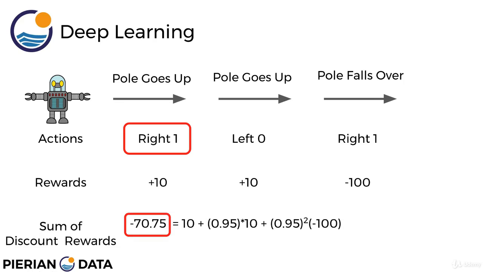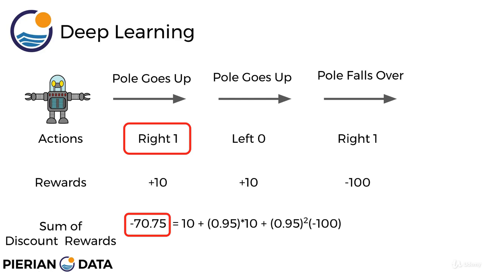So we take the sum of those discounted rewards. We say the original reward, 10, plus the discount times the next reward, 10, plus the discount squared times the next reward, negative 100. And so we end up applying a score of actually negative 70.75 to that initial action of going right.